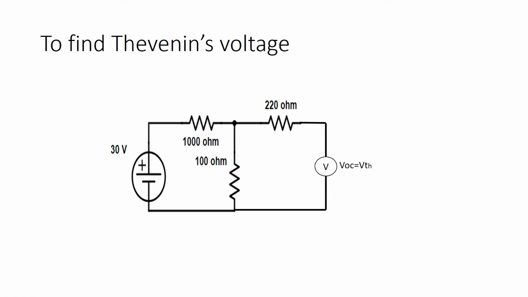Here is the hardware connection diagram in order to find the Thevenin voltage, where we have removed the load resistance and kept it open. The open circuit voltage is the Thevenin voltage, where we are going to connect the voltmeter in the terminals, and we are going to find the Thevenin voltage by the voltmeter value.